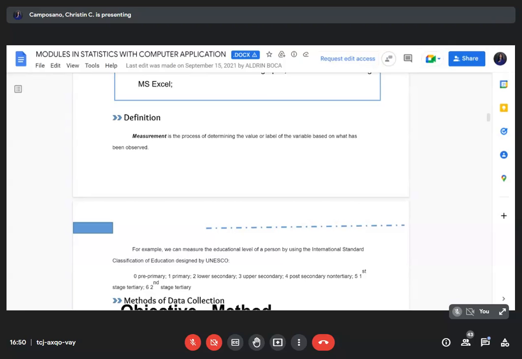Do you understand? And then, you have the post-secondary, non-tertiary. So, yung post-secondary, non-tertiary, hindi kayo nagpunta ng tertiary level sa university or college. Ang ginawa nyo, kumuha kayo ng TESDA. Okay?